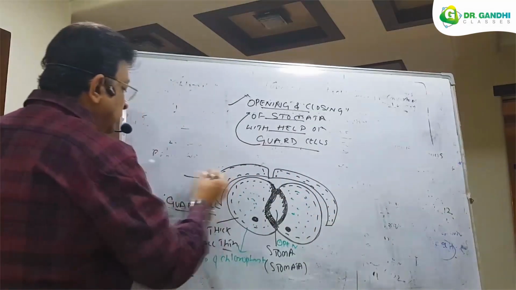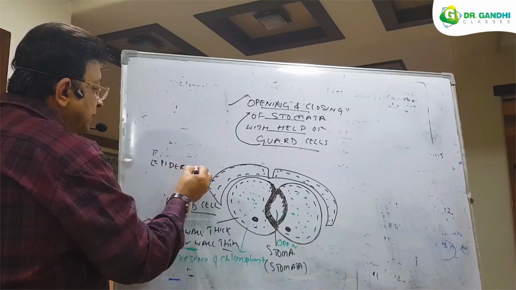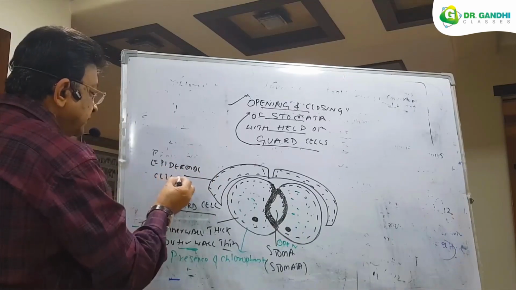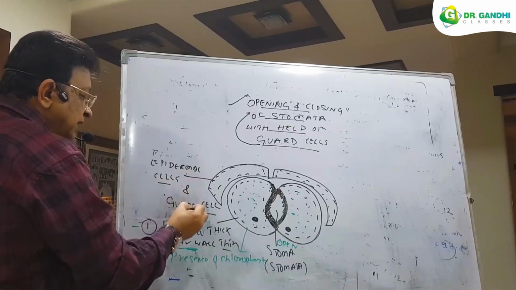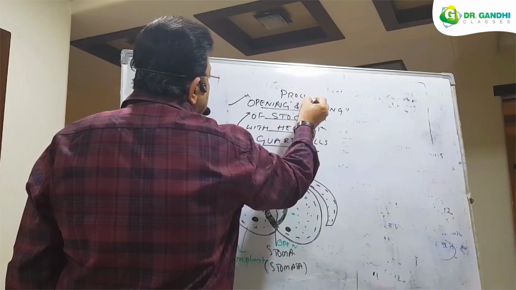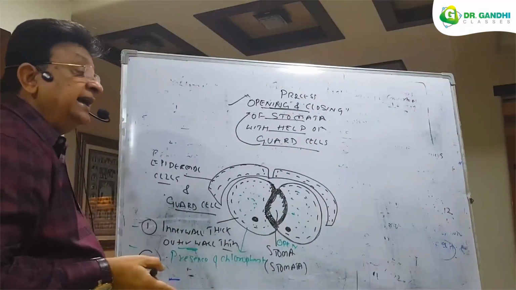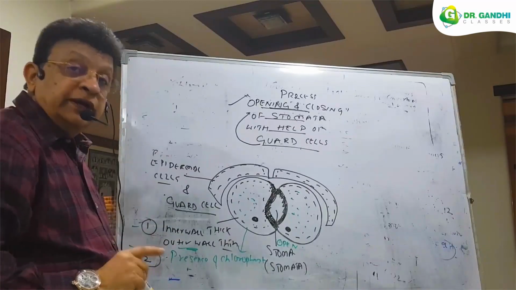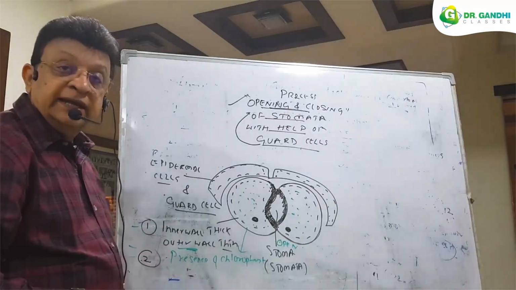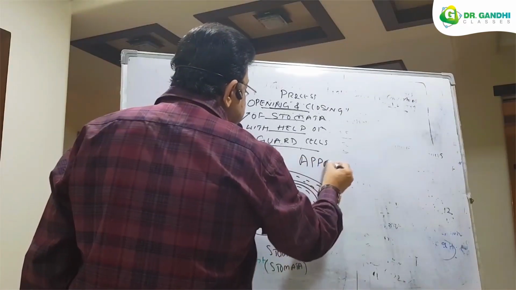I am just drawing on one side. The epidermal cells along with guard cells are going to teach me a process called opening and closing of stomata. In your laboratory, when processes are explained, they are explained by means of apparatus.